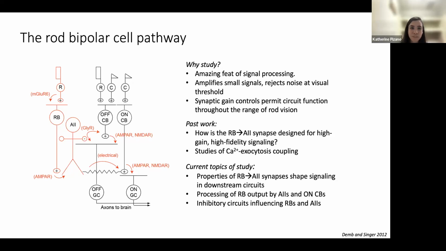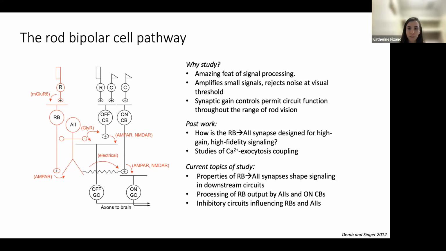This additional type of cell, which I didn't mention before, is called the rod bipolar cell, and it receives input from rods alone. Shown here in the figure on the left, it's part of a distinct pathway that is dedicated to processing this rod output. And the synaptic physiology of the circuit has been of interest to our lab due to its unique characteristics.